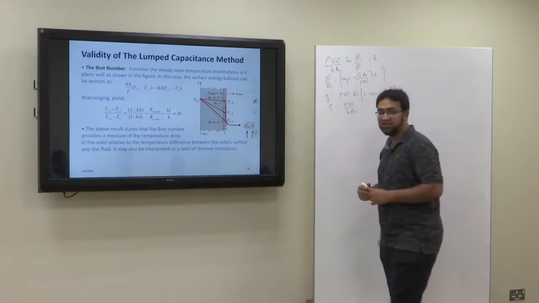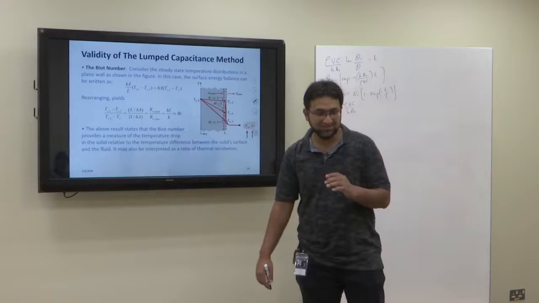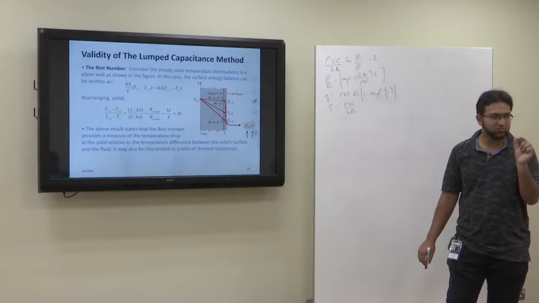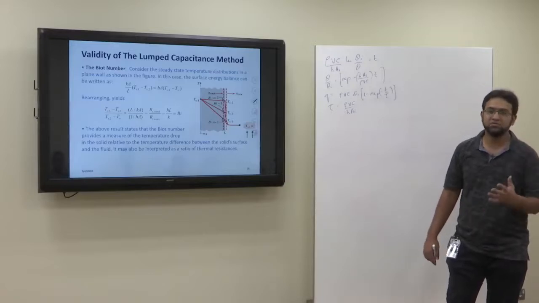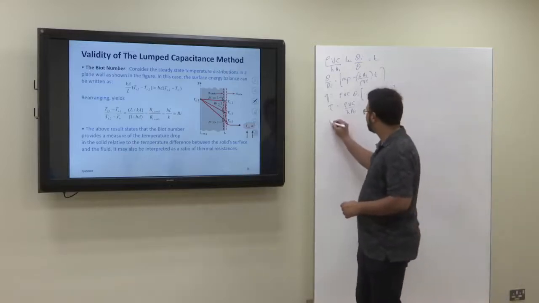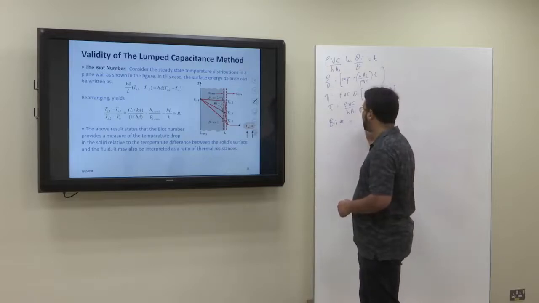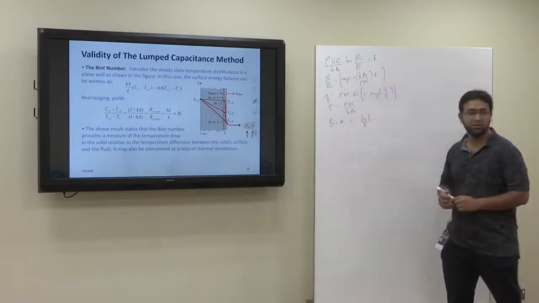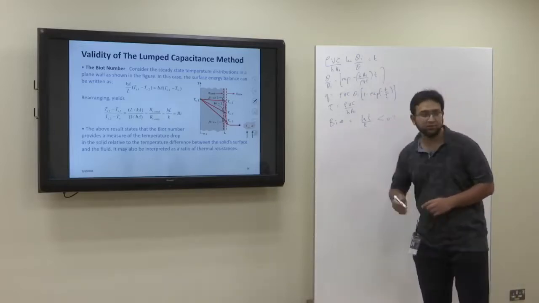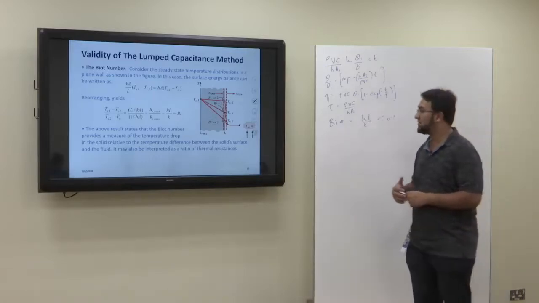And then we also said that this lumped capacitance approximation is applicable only if the resistance to conduction is very small. How do we determine that? We determine the Biot number, which was hL upon k, and it should be less than 0.1 if this lumped capacitance analysis has to be applied.